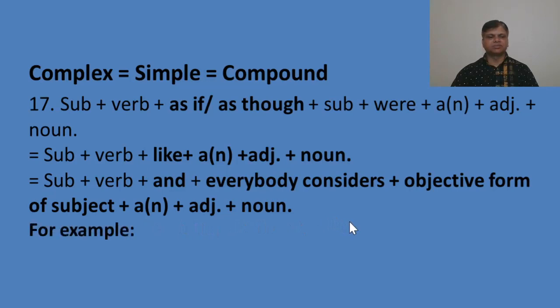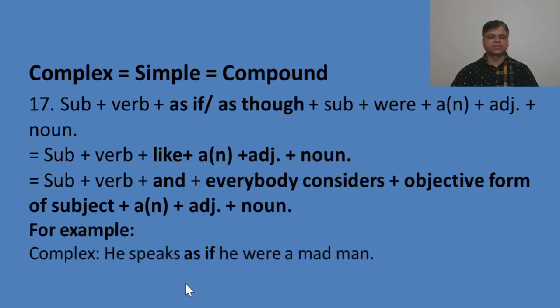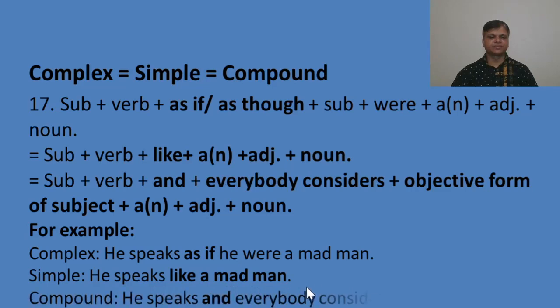So follow the example. Complex sentence: He speaks as if he were a madman. Simple will be: He speaks like a madman. Compound will be: He speaks and everybody considers him a madman.